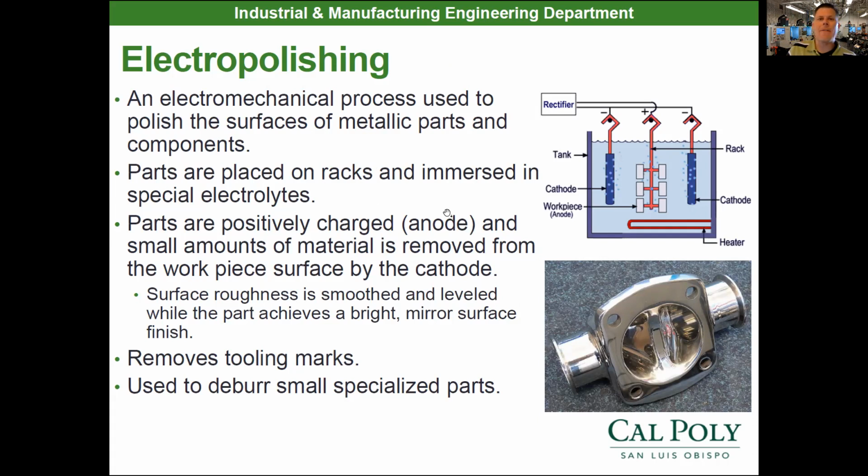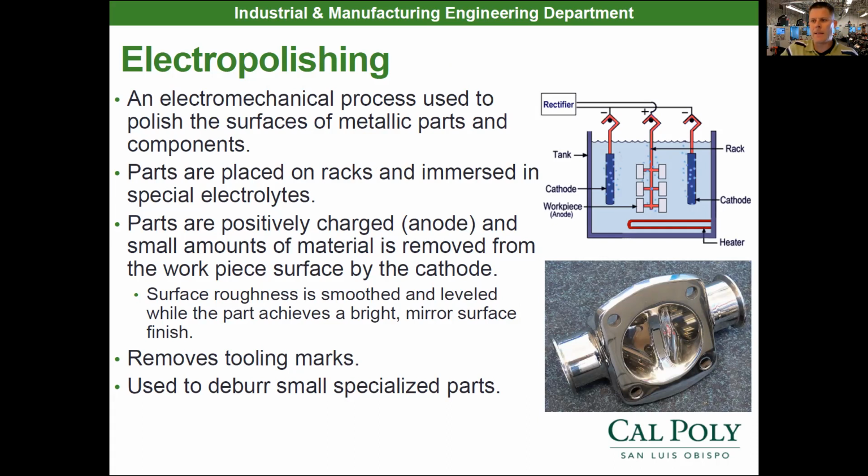And what happens is we have a potential difference in energy here. So the parts are the anode and they're positively charged, and there's a cathode in there that's negatively charged. And that potential difference between the anode and the cathode allows really small amounts of material to remove themselves from the surface of the part.